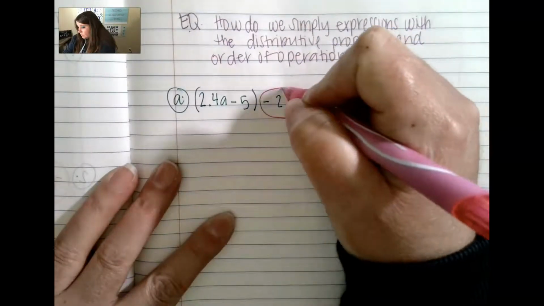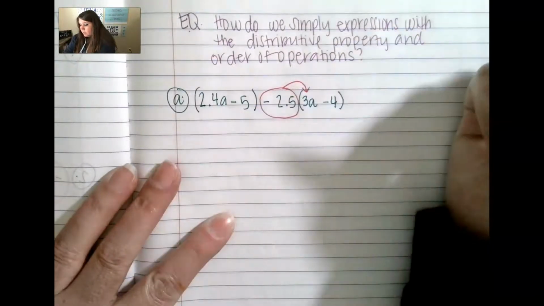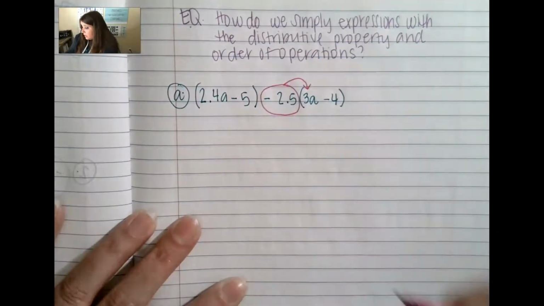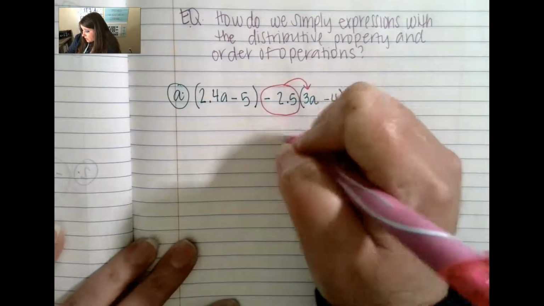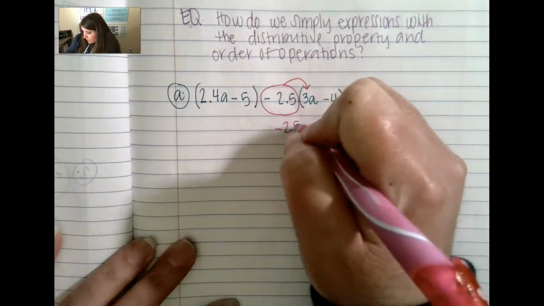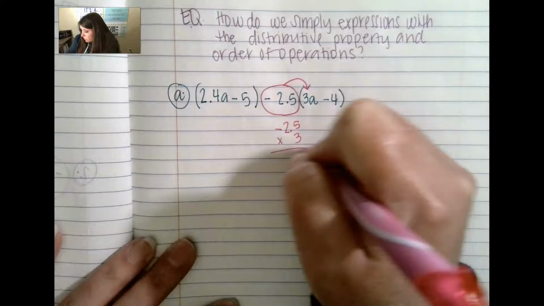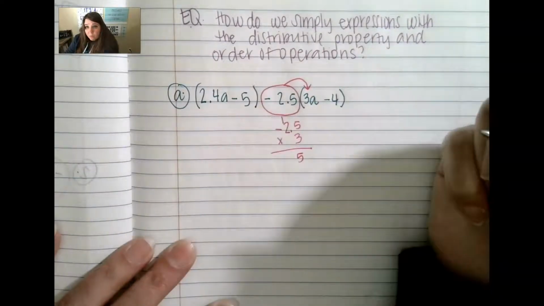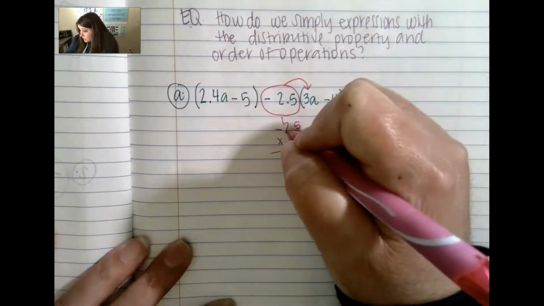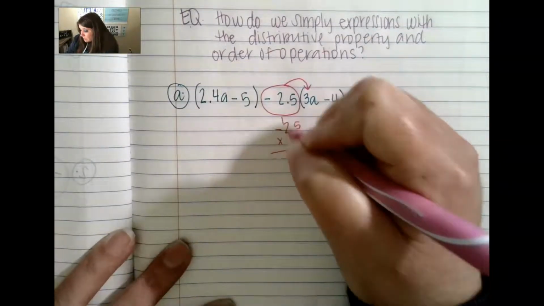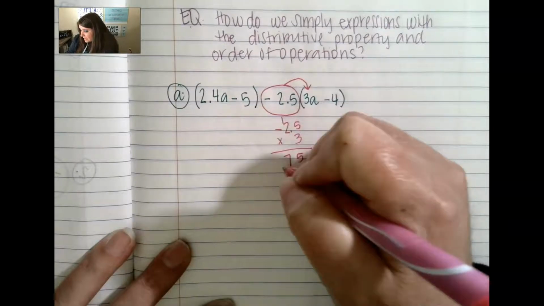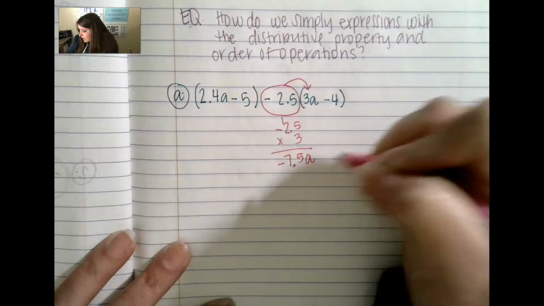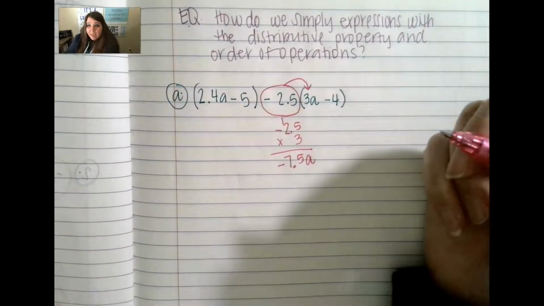So I have negative 2.5, and I want to multiply that by 3a. So I'm going to start with distributing negative 2.5 times 3. So I have 5 times 3 is 15, carry the 1. And then I have 3 times 2 is 6, plus 1 is 7. It's a negative, and there's one place after. So this is negative 7.5a.